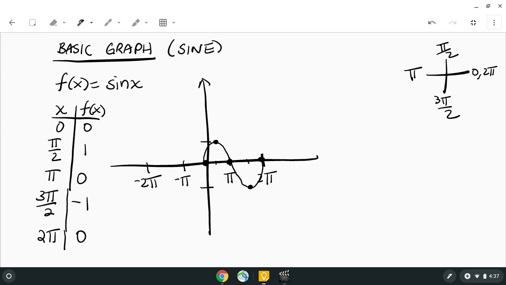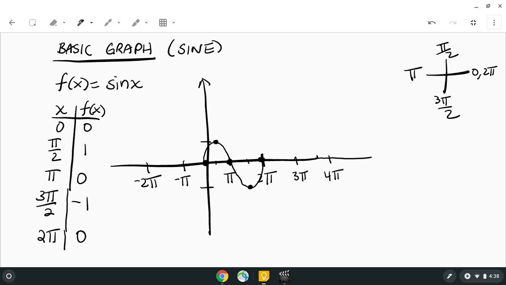Okay, so that's for one period. We can go on and on and on. And what happens is, again, these values that you see here that are plotted happen again and again and again. So if I went all the way to 4 pi, I would see that exact same graph again.